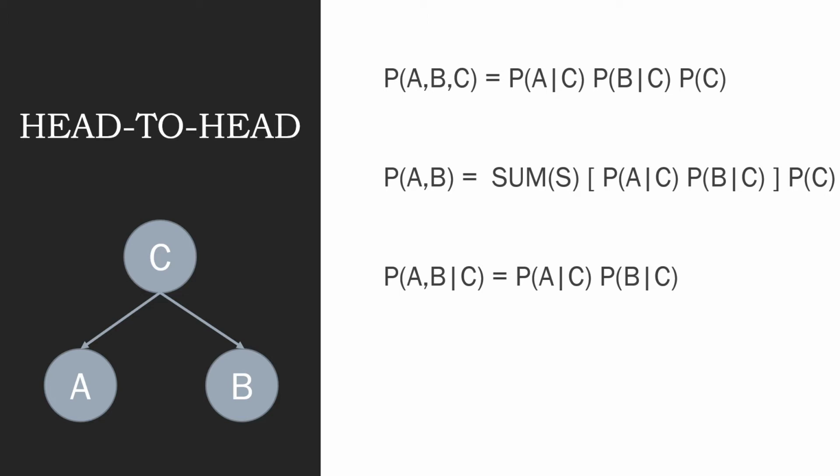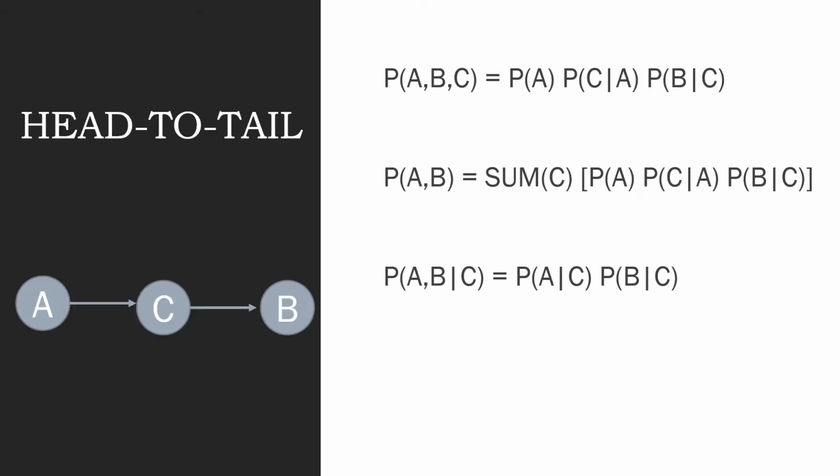So we have to use the summation sign to get this. So the probability of A and B is going to be the summation over C of P(A given C) multiplied with P(B given C) and the probability of C. For the conditional probability, P(A and B given C) is going to be P(A given C) and P(B given C), or you can say it is equal to the probability of head given its tail.